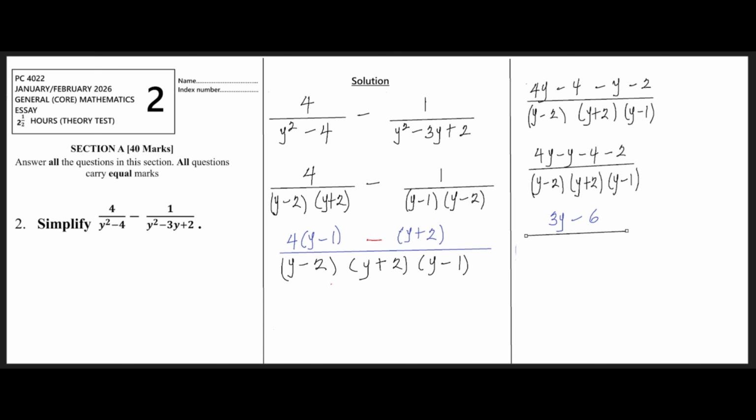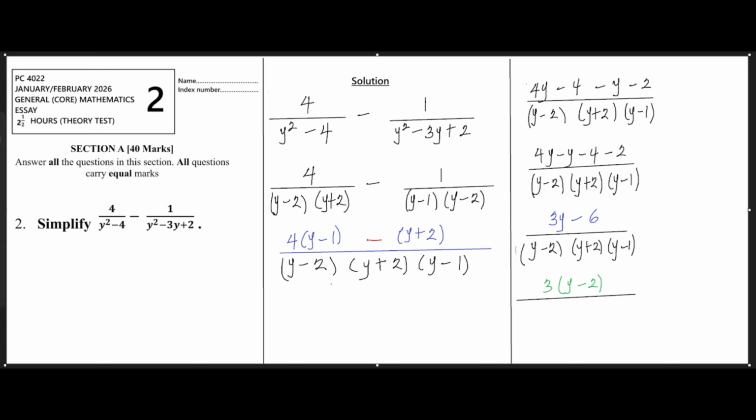And we all know the LCM, which is y minus 2 multiplying y plus 2 multiplying y minus 1. So can we still factorize the numerator? Yes, we can factorize. What is a common factor? 3 is a common factor. So when you factorize 3 out, we are left with y minus 2, all divided by the LCM.